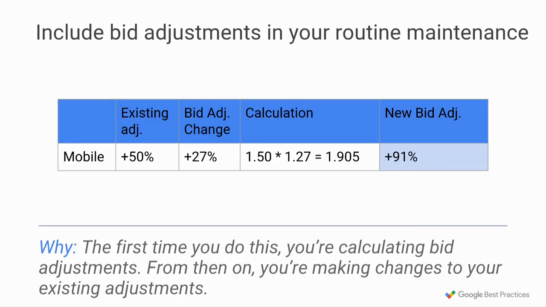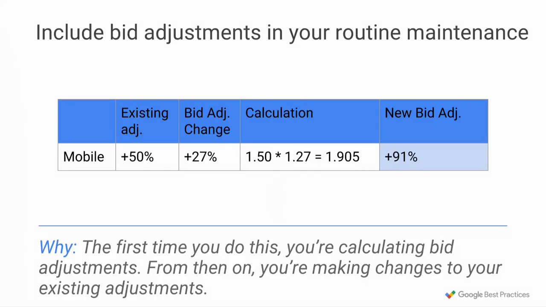One thing to note here is that if there is an existing bid adjustment, you need to take that into consideration. In this example, let's assume I already had a plus 50% bid adjustment, and the result from my calculation gave me a plus 27%. I need to add the 27% to the 150% of bid that I have today, and that gave me a plus 91%.